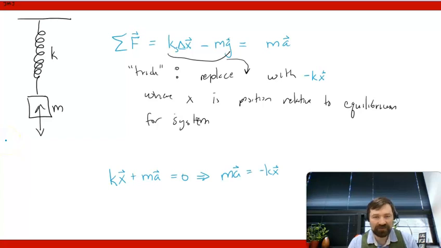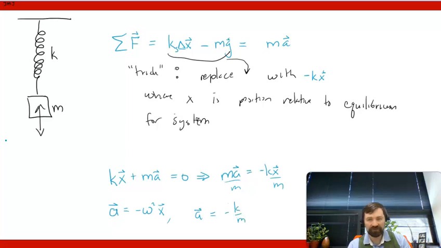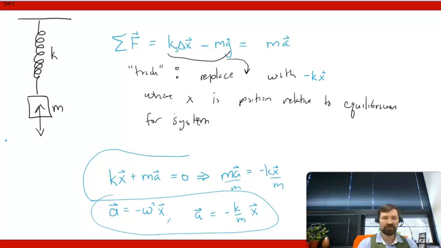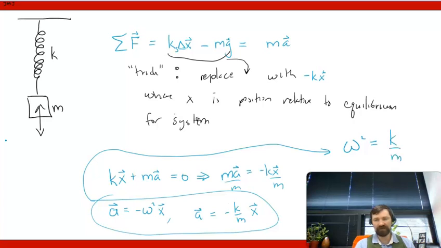So what that means is that I expect to have a is equal to negative omega squared x, but if I divide both sides of this equation by m, I have a is equal to negative k over m times x. So putting these two statements together, these taken together imply that omega squared is k divided by m, where k is the spring force constant.